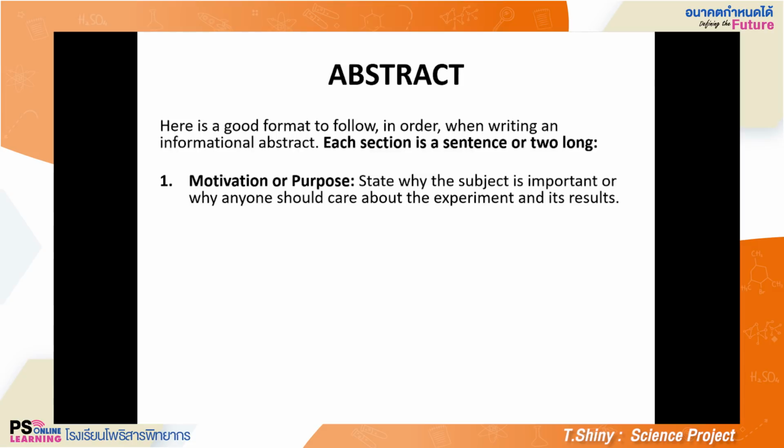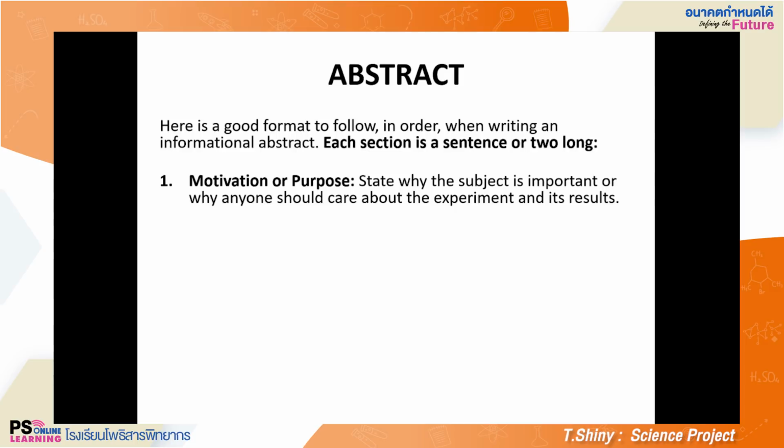The first one is the motivation or purpose. State why the subject is important or why anyone should care about the experiment and its results. So this is the first part that you can write in your abstract. What is your motivation in doing the science project? What is your purpose?